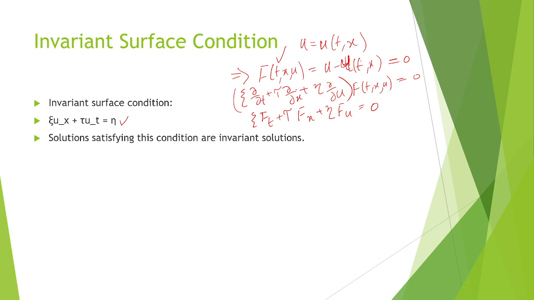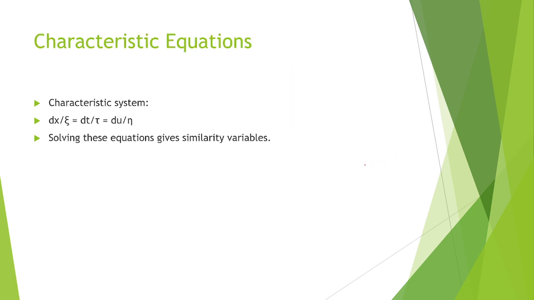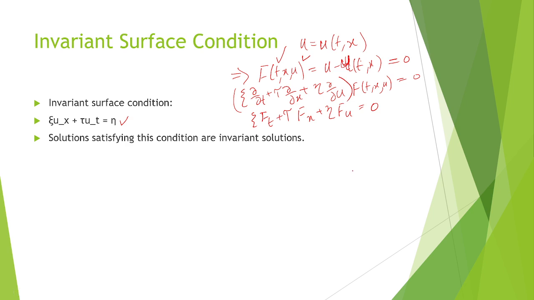Now what is f_t? That is the derivative of this function with respect to t. So let me write it over here. f_t is equal to minus u_t, f_x is equal to minus u_x, and f_u is equal to 1.